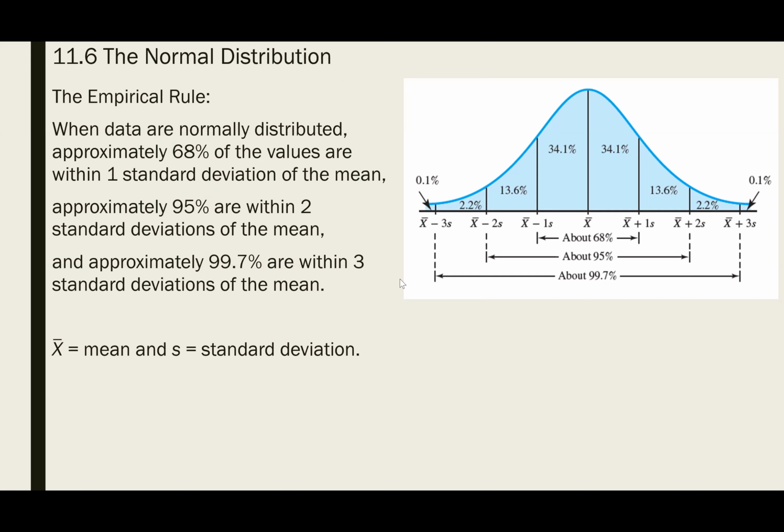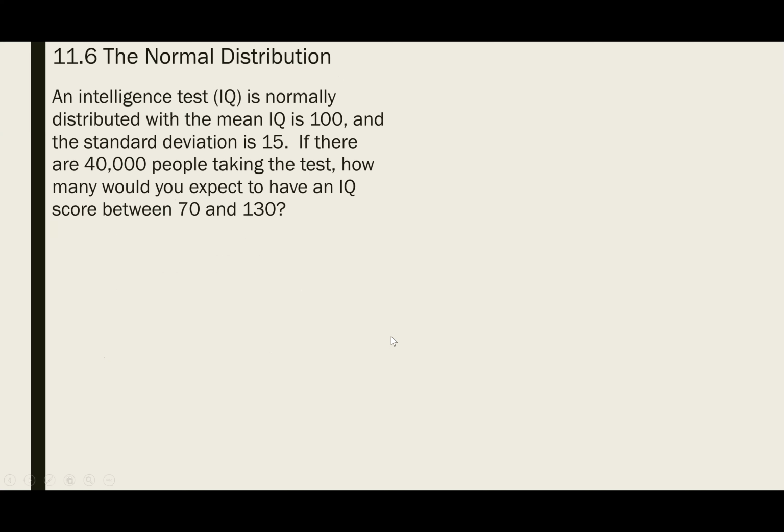So looking at this, let's take a look at this particular problem. Most of the questions they will ask you are something like this, and they want you to use your empirical rule. The intelligence test, the IQ, is normally distributed.